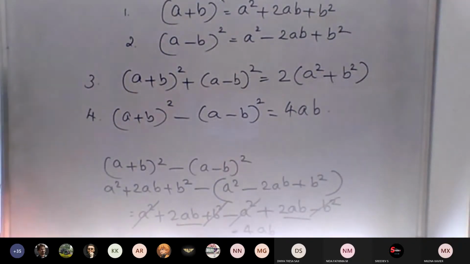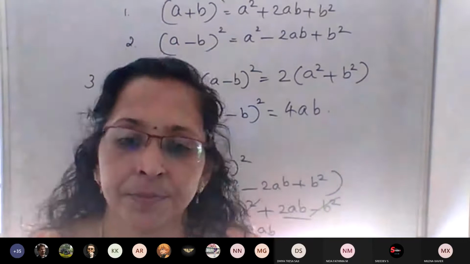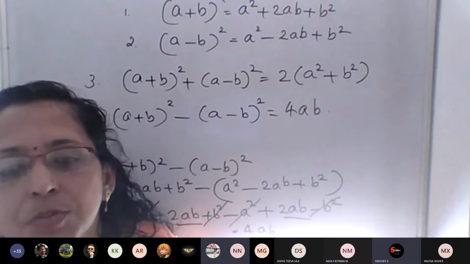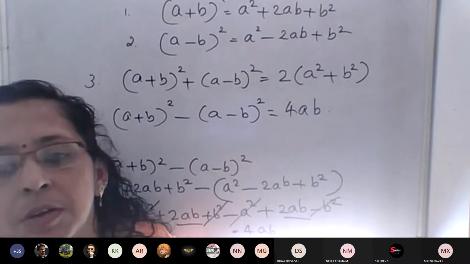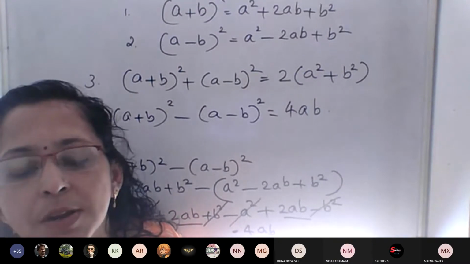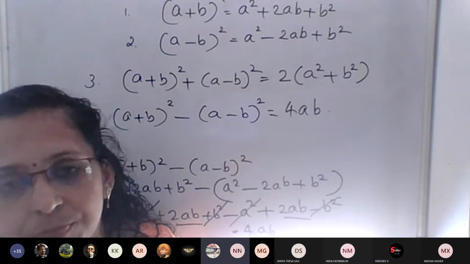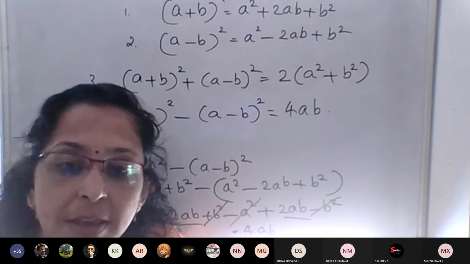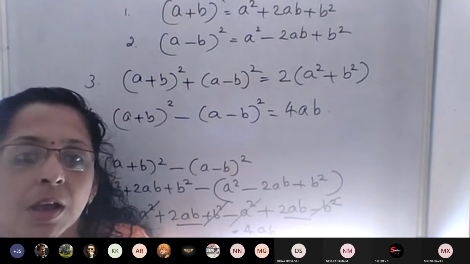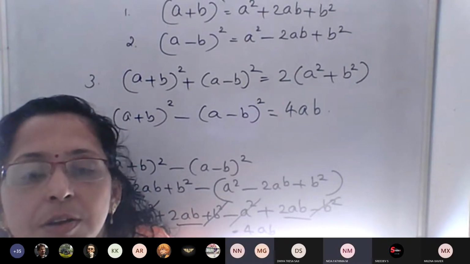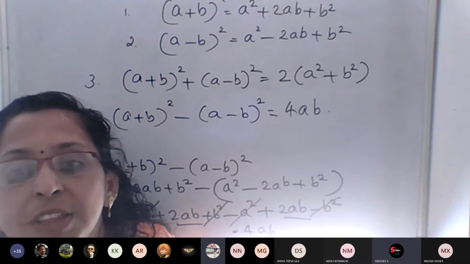Then only I can go ahead with 1 by a. Yes, so tell me: (a plus b) whole square is a square plus 2ab plus b square. (a minus b) whole square is a square minus 2ab plus b square. (a plus b) whole square plus (a minus b) whole square is 2 into (a square plus b square), within brackets.